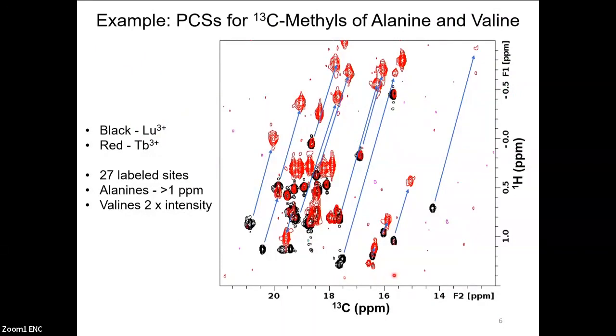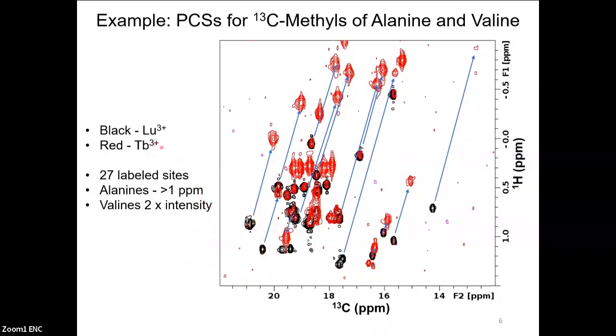This is a carbon detected HSQC that we're using here. There are some reasons for that, which we could go into during questions if you like. The black cross peaks that you see are with the diamagnetic lanthanide lutetium added, so no pseudocontact shifts and no relaxation enhancement.